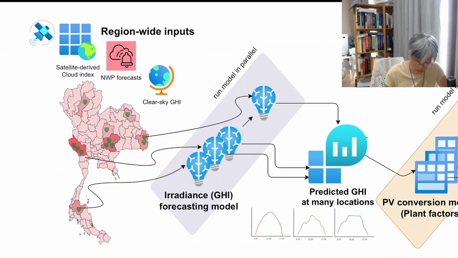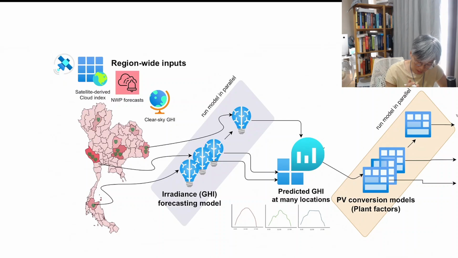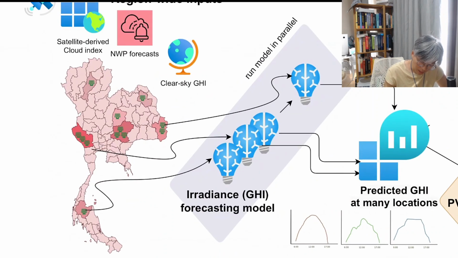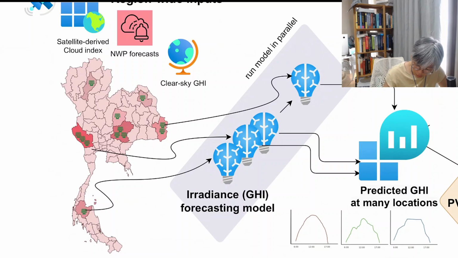The inputs are typically different in the latitude and longitude and in the weather information at the same time. At the same time, the sun position relative to this location would be different from the sun position relative to that location, and the cloud amount here would be different from the cloud amount there. So you have the same model, but different inputs, and you get different predicted GHI.